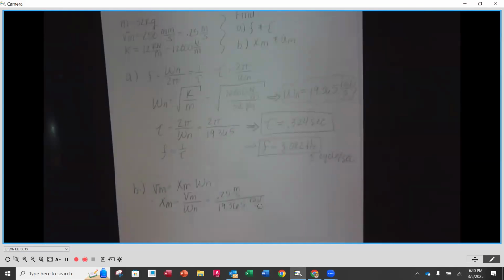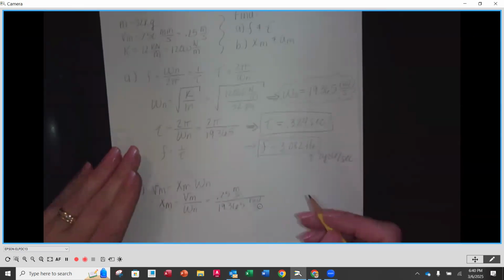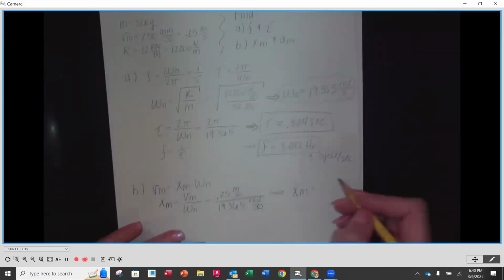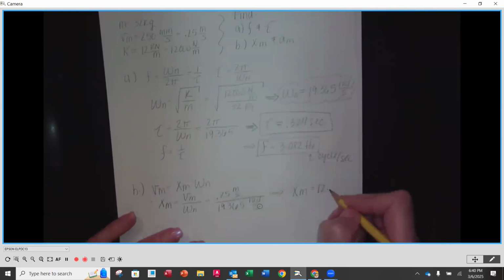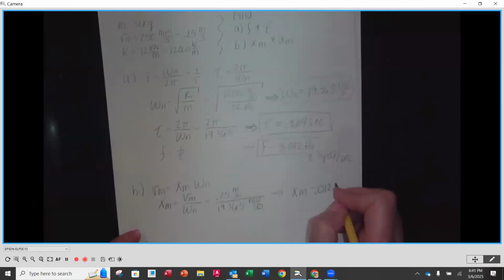Just to make sure we see what's going on here, seconds cancel, radians are nothing, so our units are going to be meters. Our maximum amplitude should come out to 12.9. Sorry, nope, that would be bad. 0.0129 meters.